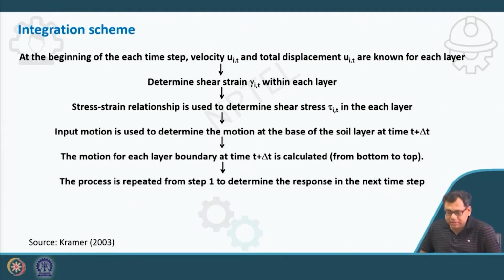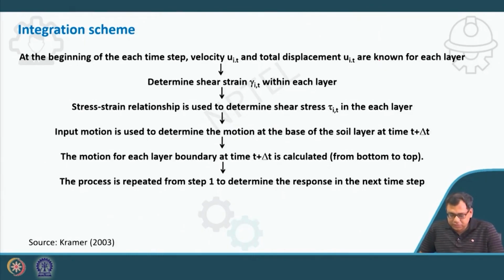Now determine the shear strain within each layer, as I have also discussed how we will determine the shear strain. Now the stress strain relationship is used to determine the shear stress at each layer. When I get the shear strain, I use the stress strain relationship for the nonlinear case to determine the shear stress in each layer.